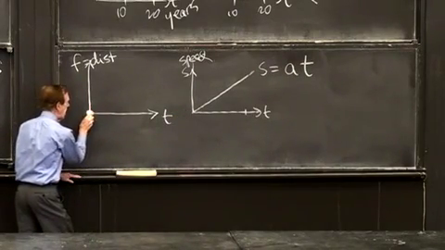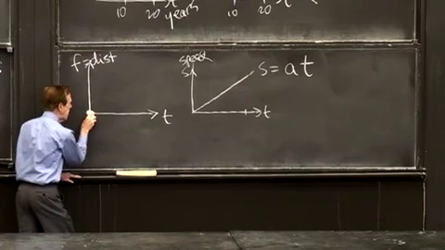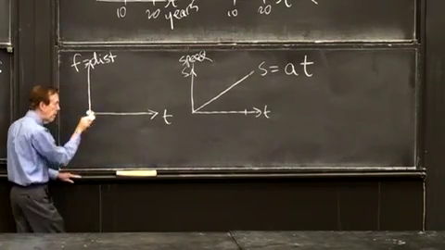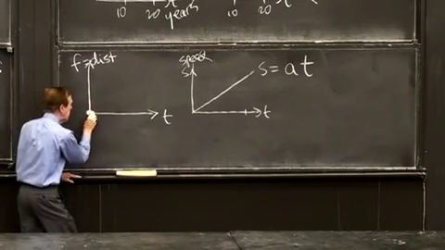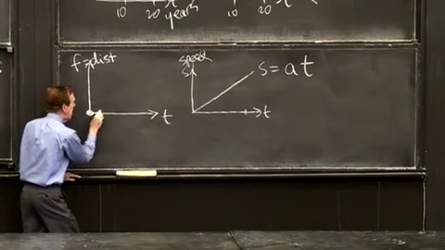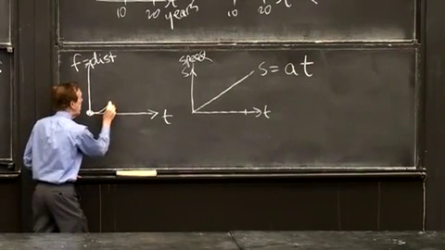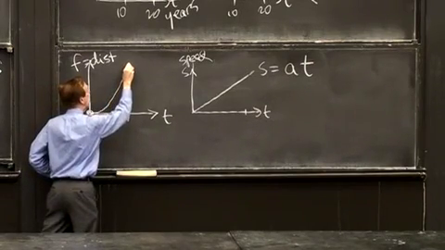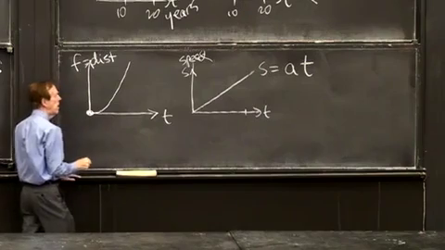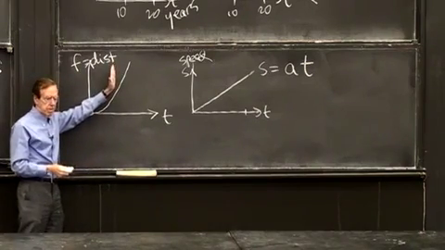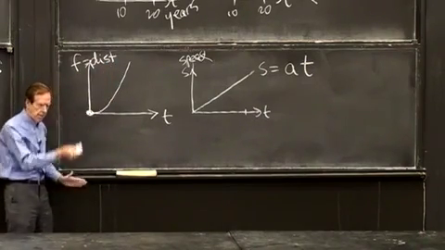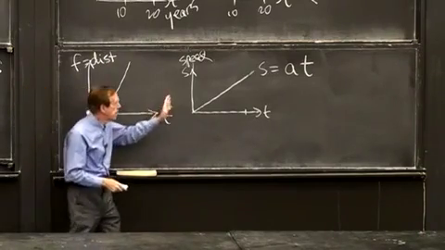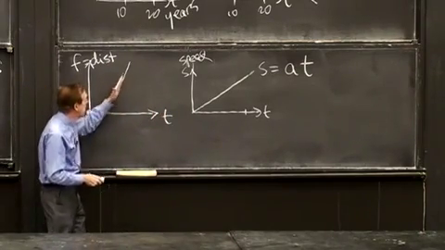You were not really increasing distance until you got slightly beyond 0, and then it slightly started to increase. But then it increases faster and faster. Never gets infinitely fast, but it keeps going upwards.